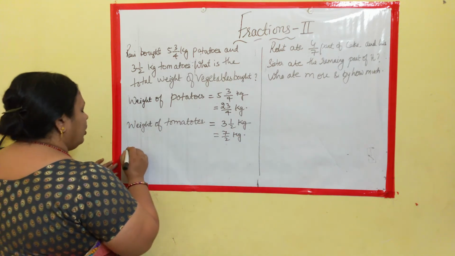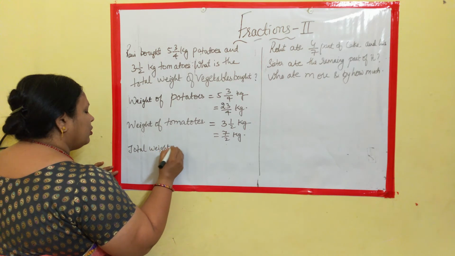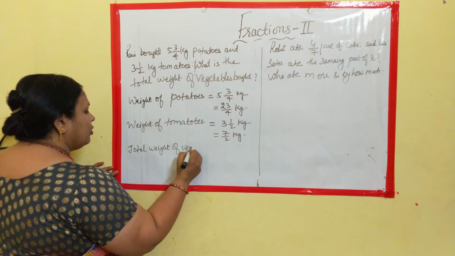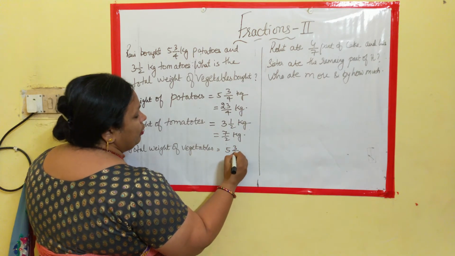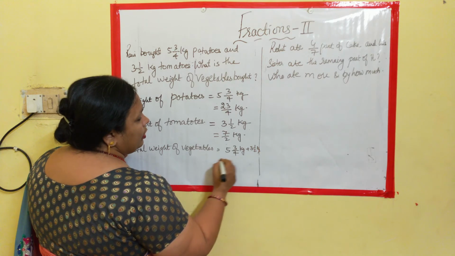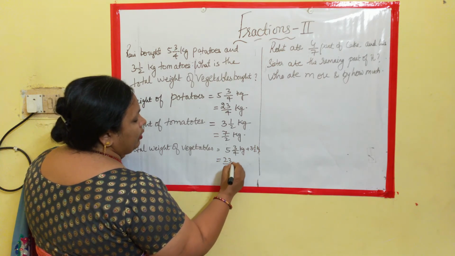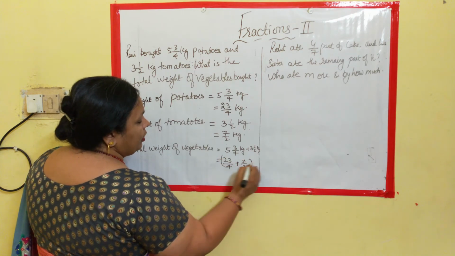Now total weight of vegetables is equal to 5 3 by 4 kg plus 3 1 by 2 kg, that is nothing but 23 by 4 plus 7 by 2 kg.